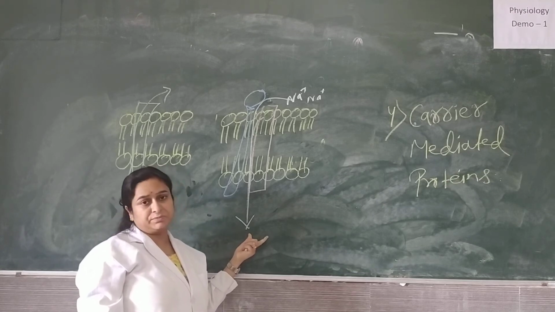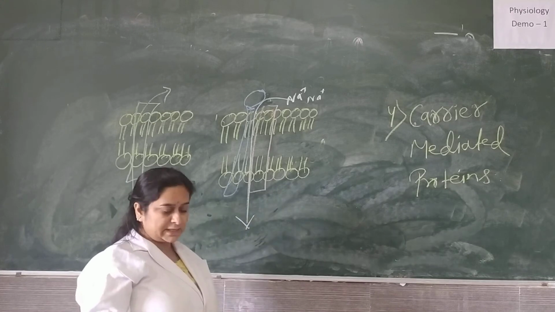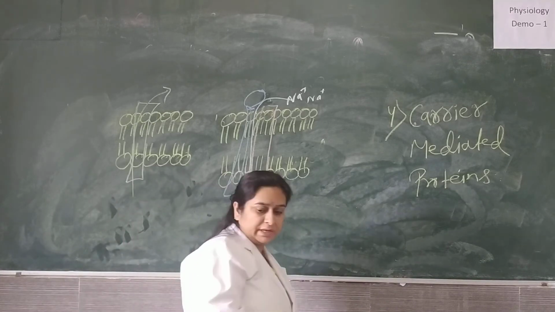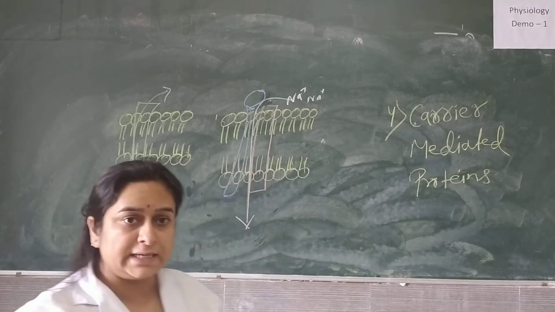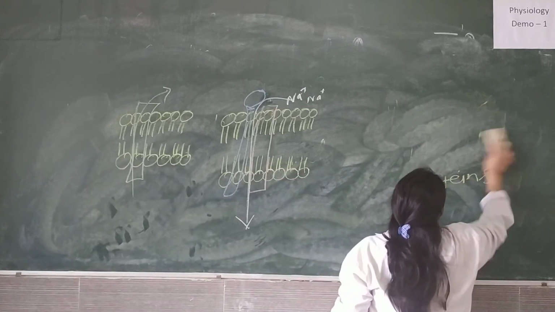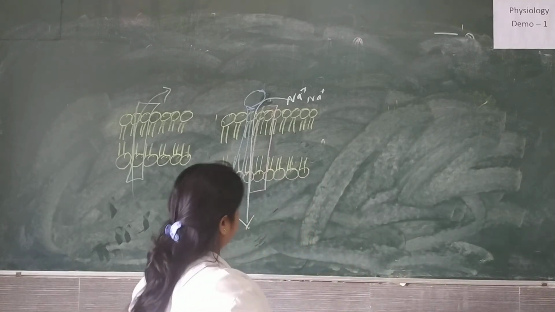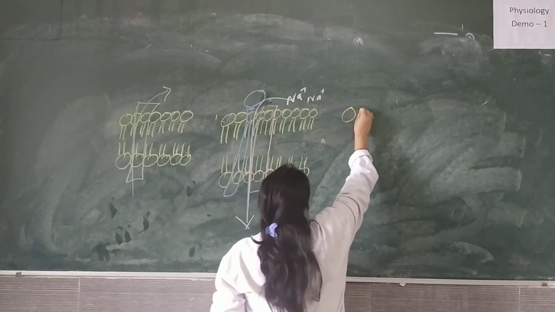Similarly, potassium channels are located towards the inside of the cell, towards the ICF. These are also gated channels.